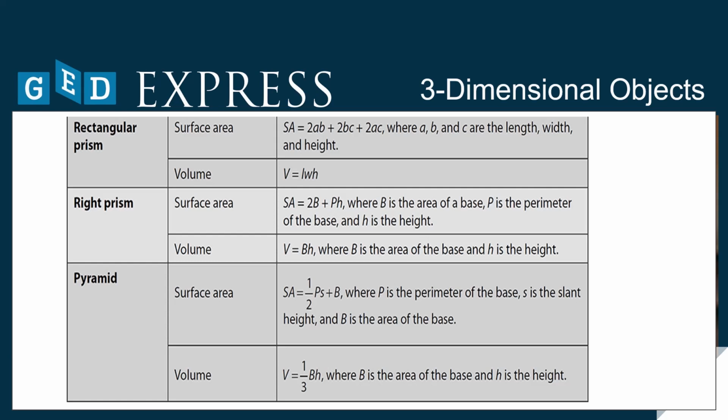B is the base area, the capital letter B, and H is the height. Practice working with all of the formulas that were mentioned. You will find that the process is not much different from working with area and perimeter formulas for two-dimensional objects.